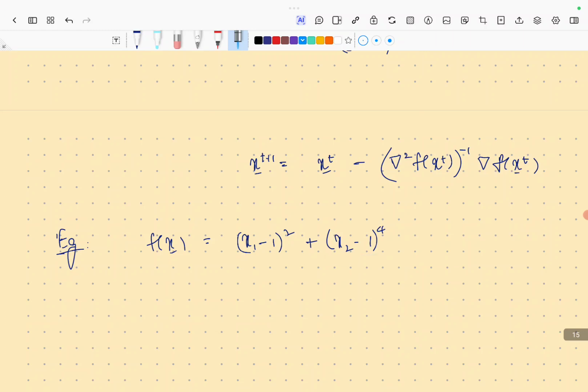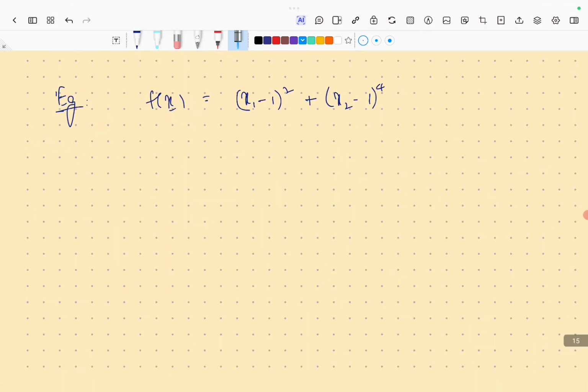It doesn't matter where the minimum is, and it's not at the same point because this is a function of x1, this is a function of x2. This is a convex function of x1, x2 which is independent of x2, and this is a convex function of x1, x2 which is independent of x1. The sum of two convex functions is a convex function. That's it.